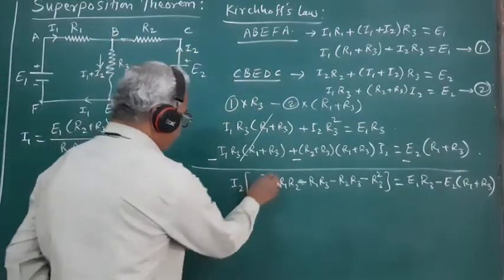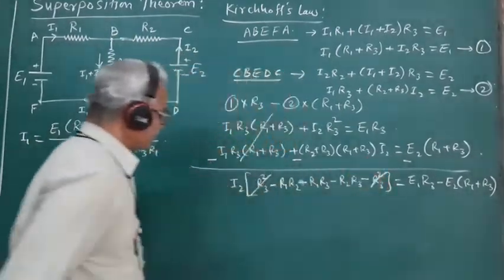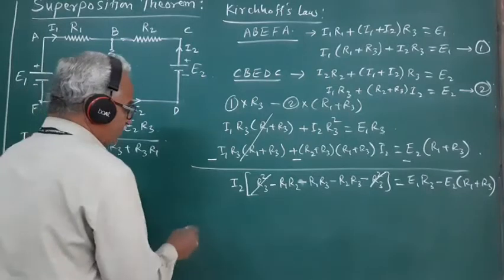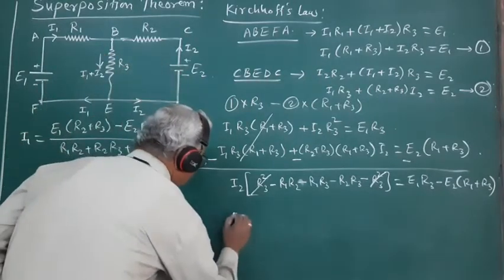So this plus R3 square minus R3 square cancels. So we get the expression for I2.